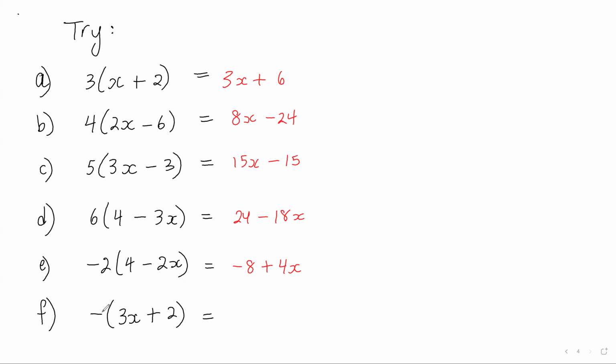And finally, remember it's like a 1 here, right? So negative 1 times 3x will be negative 3x, and then negative 1 times positive 2 will be negative 2. All right, so there you go.